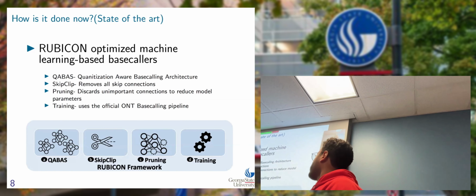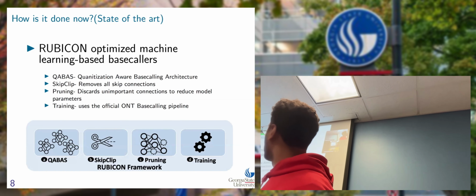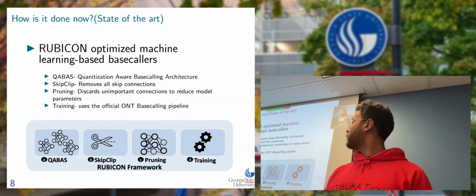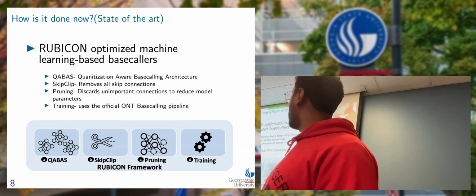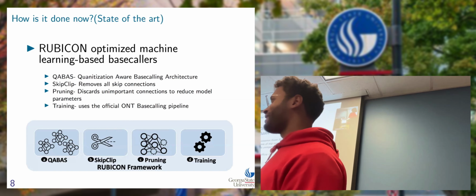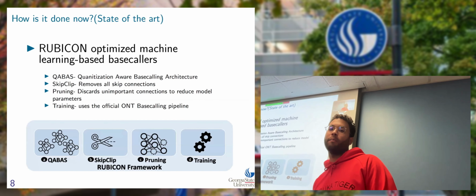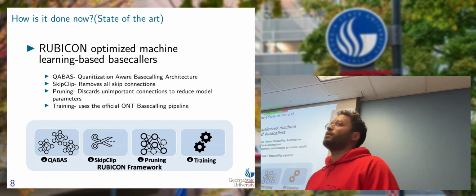How does it work? Well, we have a nice little diagram that I stole right off the paper. We have Quabus, I call it Quabus. Quabus is quantization aware base calling architecture. What is that?